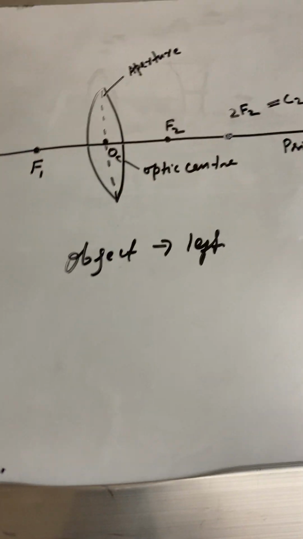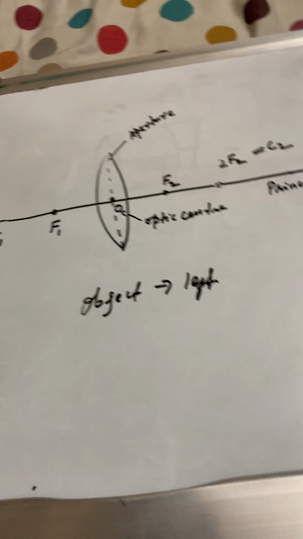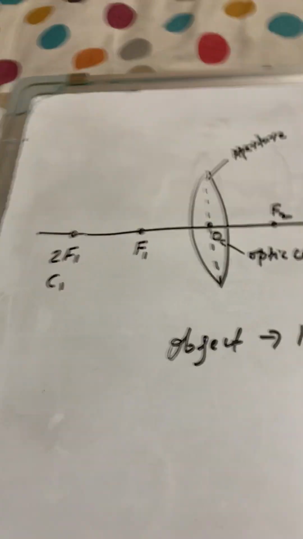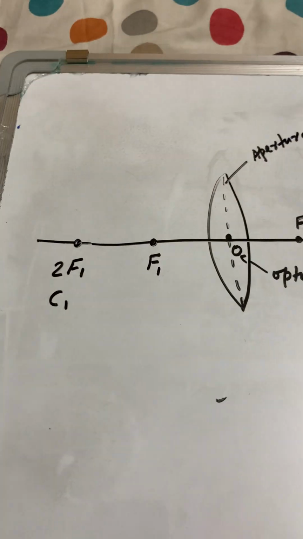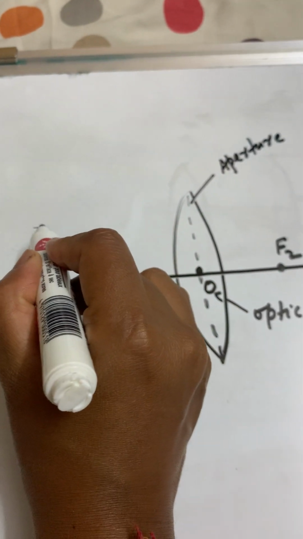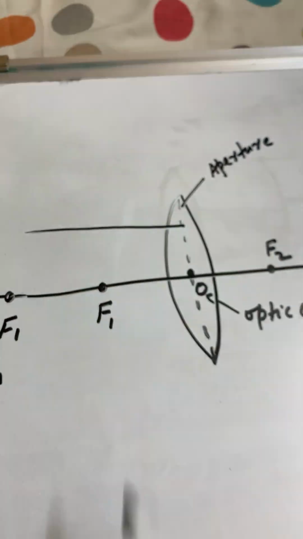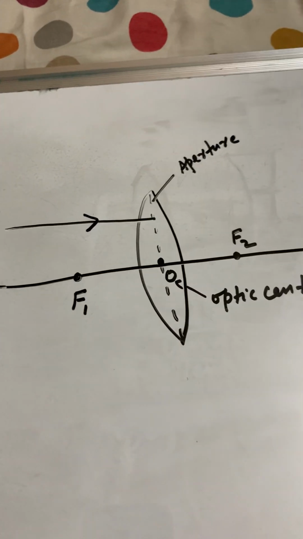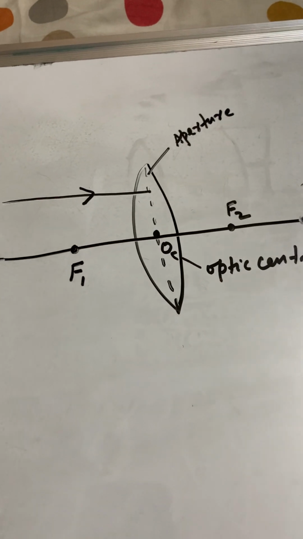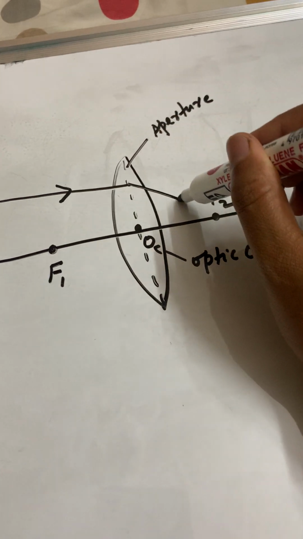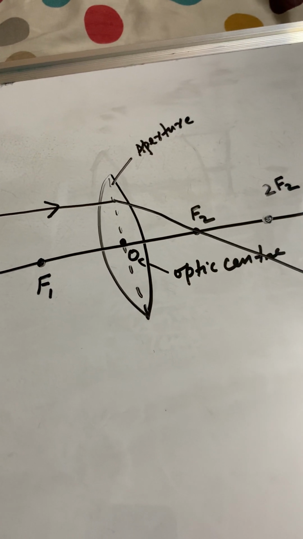Now let us quickly learn the rules about how to make the ray diagram. Coming to the first rule, the first rule is very easy. A ray parallel to the principal axis, the incident ray parallel to the principal axis, on refraction should pass through the second focus.